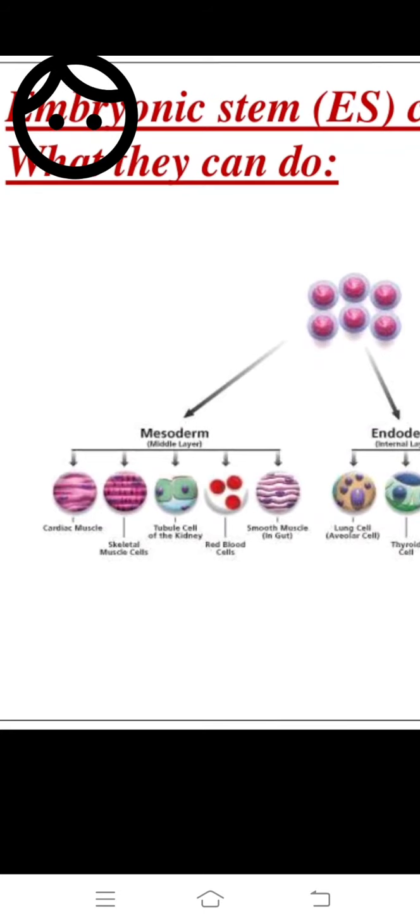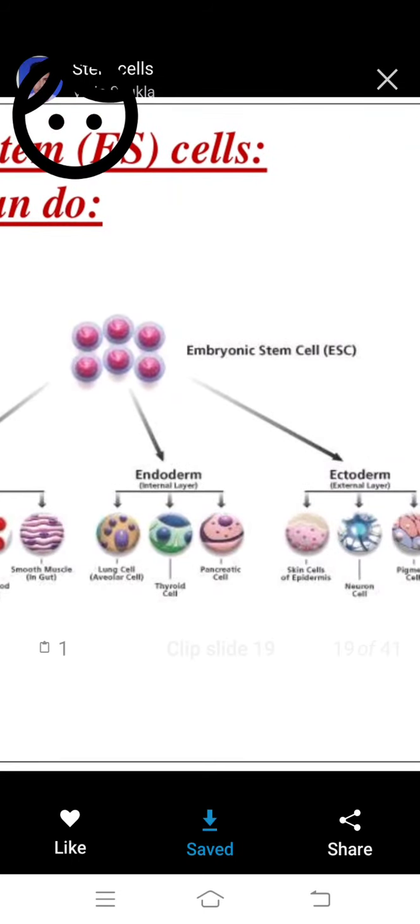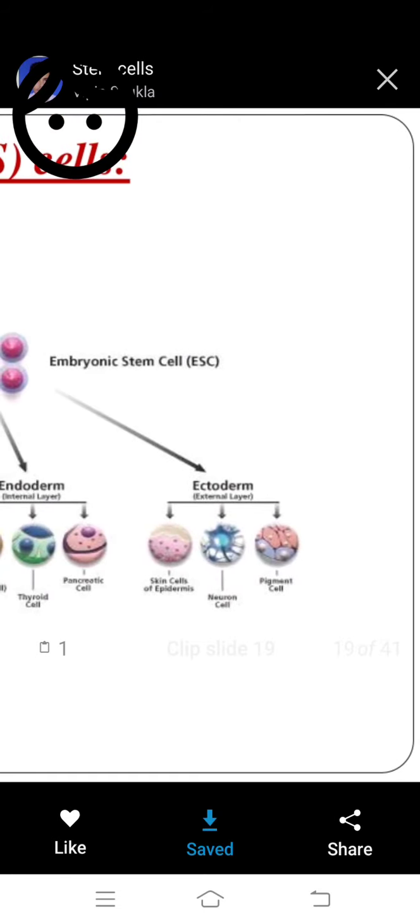Meso means middle layer. Next, endoderm means internal layer: lung cells like alveolar cells, thyroid cells, pancreatic cells. So it forms only endoderm. Ecto means outer layer, the external layer.